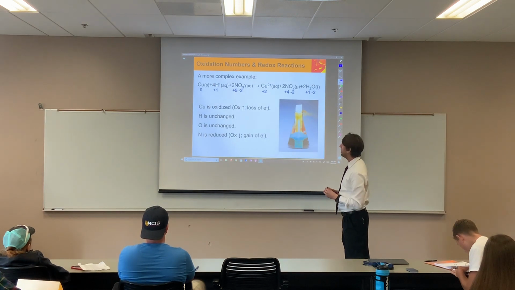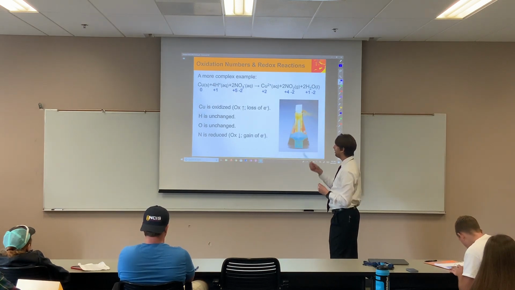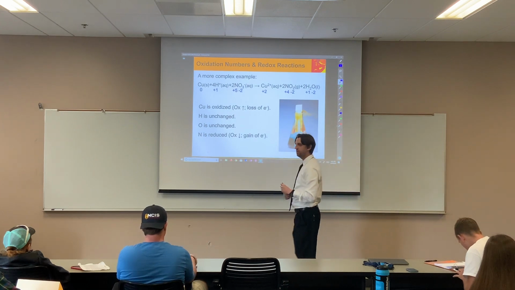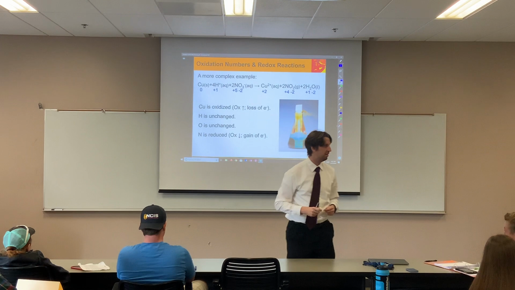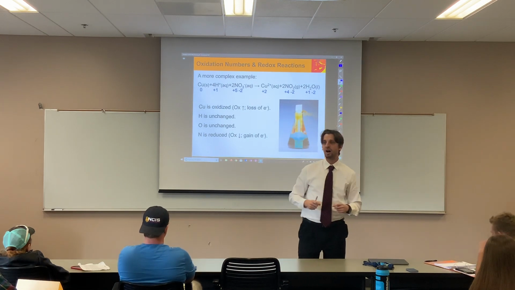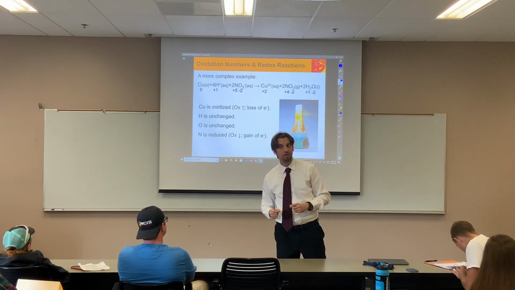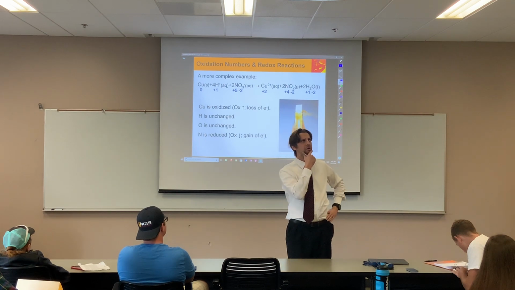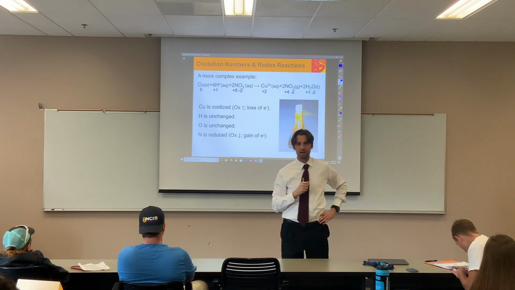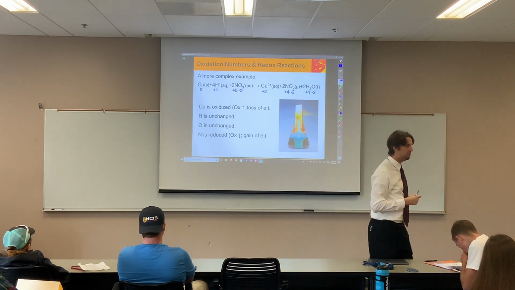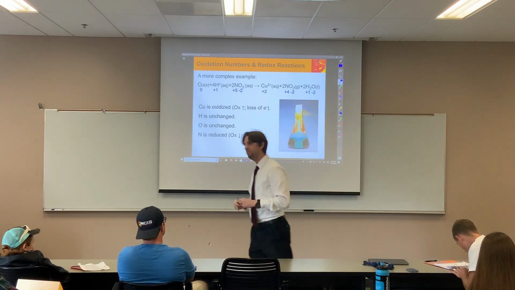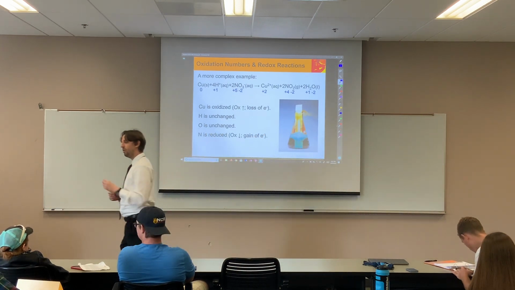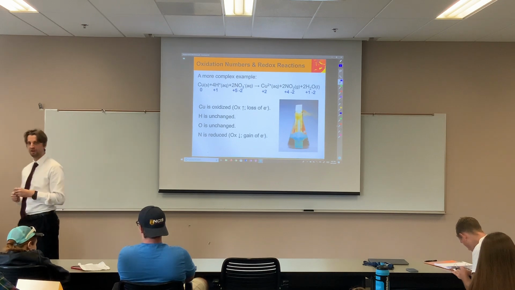We start out with copper in its elemental form at 0, and it ends up at +2. So what happened to the copper? It lost 2 electrons, so it got oxidized. If I lose electrons, I am oxidized. So it was the oxidizing agent? No, it was the reducing agent. So where did copper's electrons go?